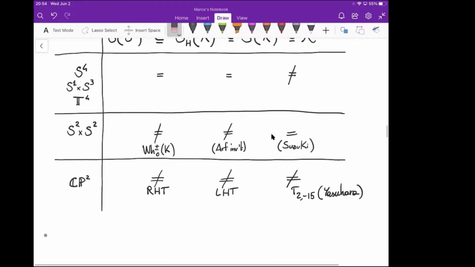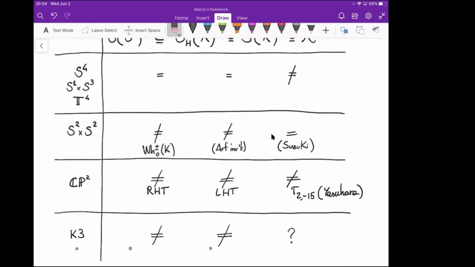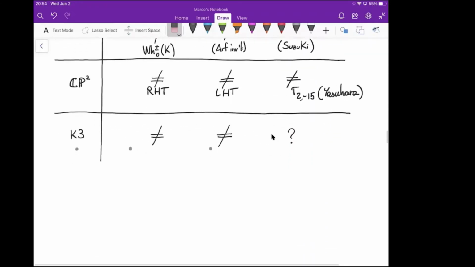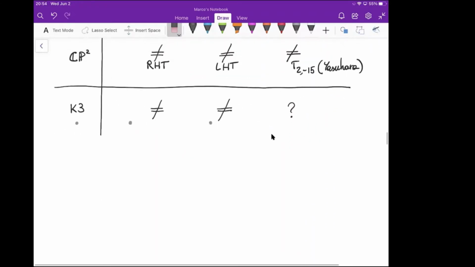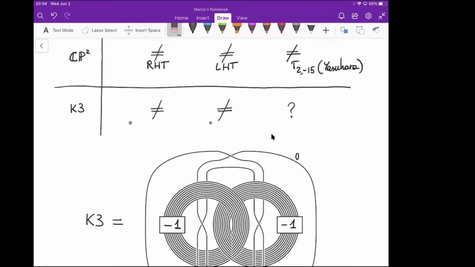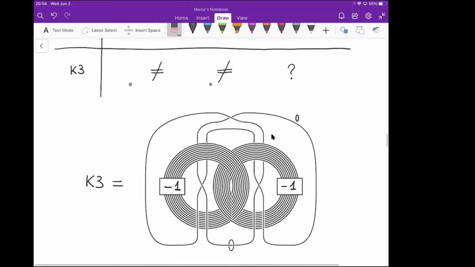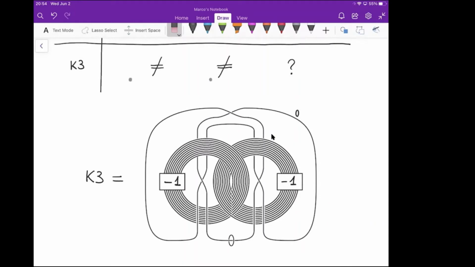And the last example that I want to mention is the K3 surface. So for the K3 surface, I will use a picture from the Gompf-Stipsicz book about Kirby calculus. So this is a handle diagram for K3.